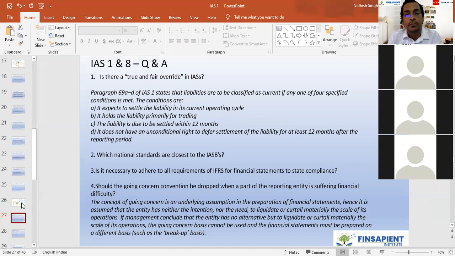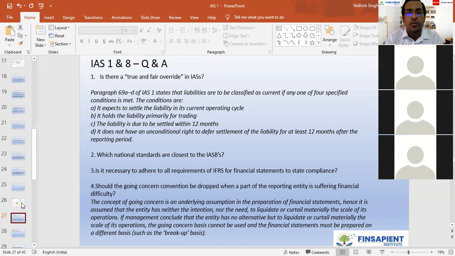How do we treat that? The answer is that it is a current liability if it is going to be settled within 12 months or within the current operating cycle, if that liability is coming from the trading or the regular operating activities. So just an important section that I have provided here.